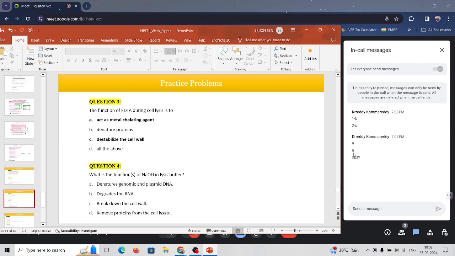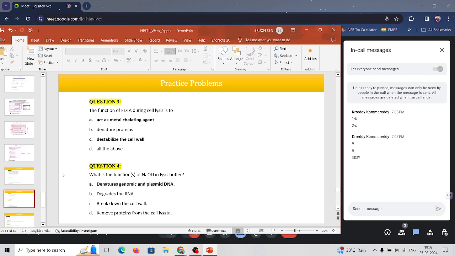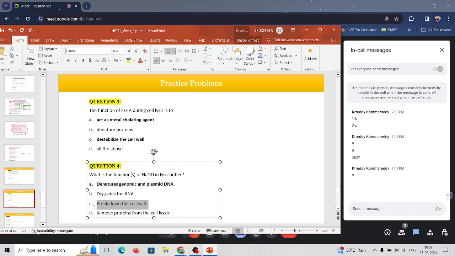So you have said A, denatures genomic and plasmid DNA. That is correct. Is there any other option that seems to be correct? Fantastic. Thumbs up. Break down the cell wall. Yes, that is correct.